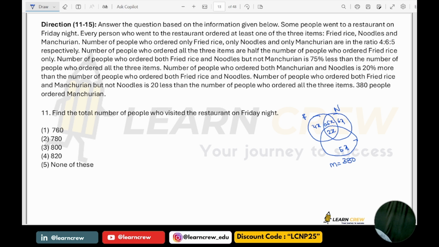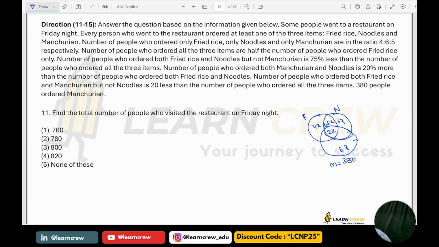Next, the number of people who ordered both Manchurian and noodles is 20% more than the number of people who ordered both fried rice and noodles.